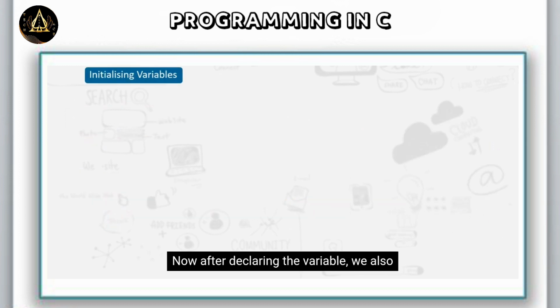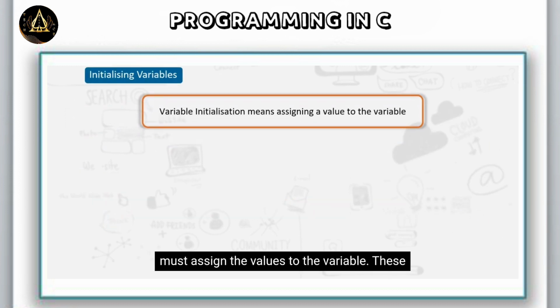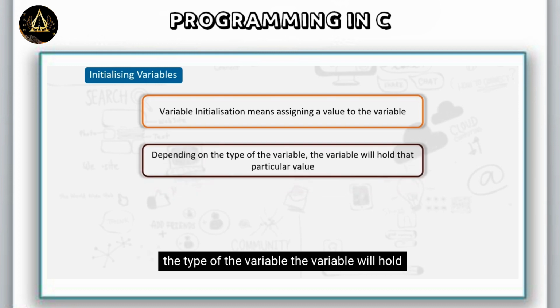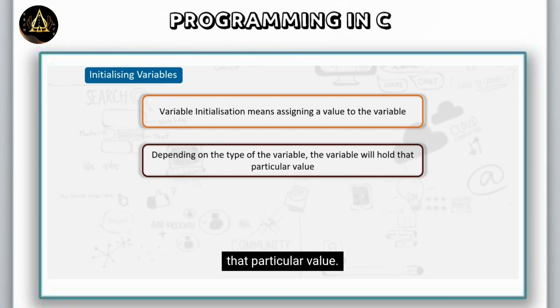After declaring the variable, we also must assign values to the variable. These values can be any constant value, meaning it can be a real value, an integer value, or a character value, depending on the type of the variable. Initialization of a variable means assigning a value to the variable.